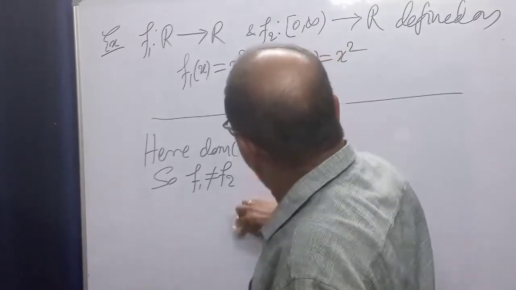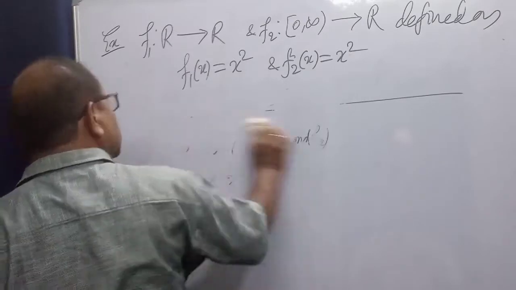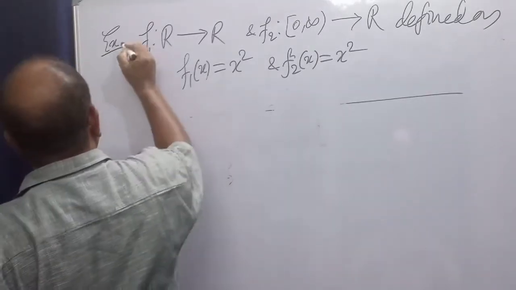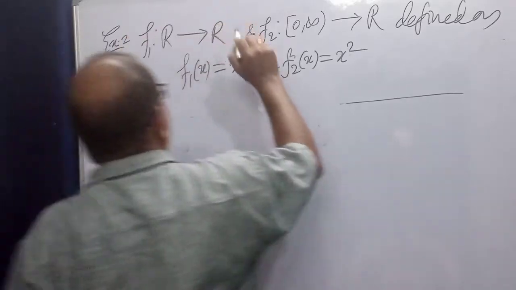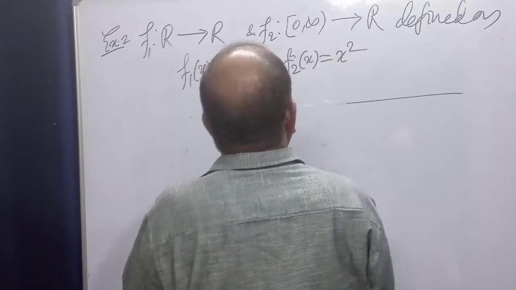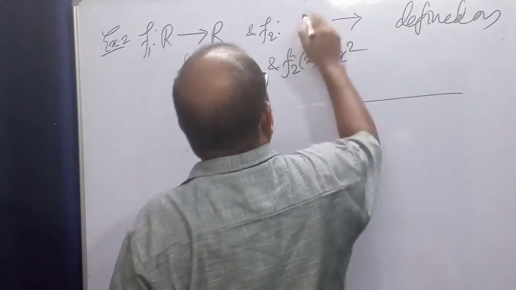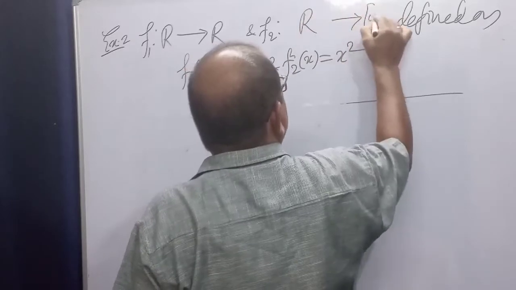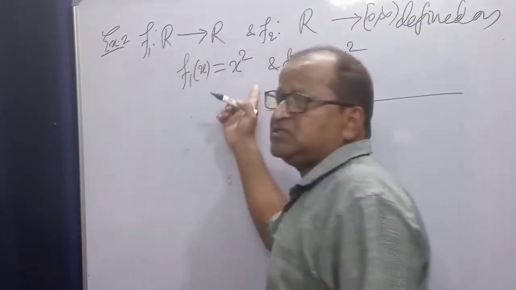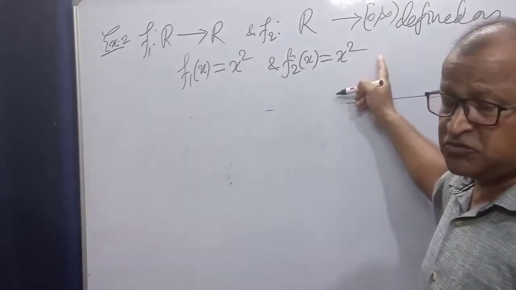Let us make another example where the domains are equal. Example 2: suppose f1 is a mapping from R to R, and f2 is a mapping from R to 0 to infinity. f1(x) is x square, f2(x) is x square.